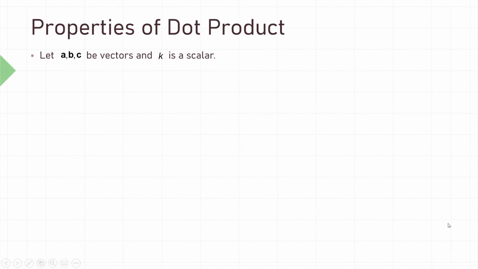Now let's see some algebraic properties of the dot product. Suppose A, B, and C are vectors and K is a scalar.